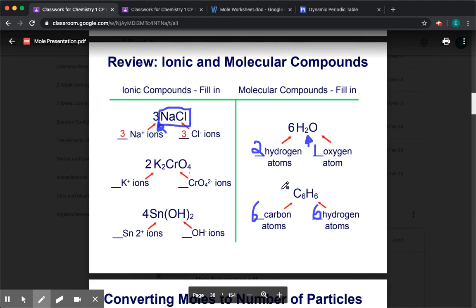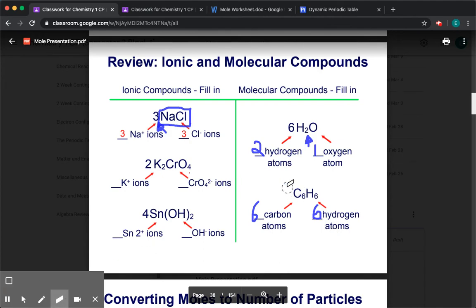So if I had 1 mole of this entire thing, that means I have 6 moles of carbon and 6 moles of hydrogen. If I then decided I wanted 3 moles, I now have 18 moles of carbon and 18 moles of hydrogen, okay?